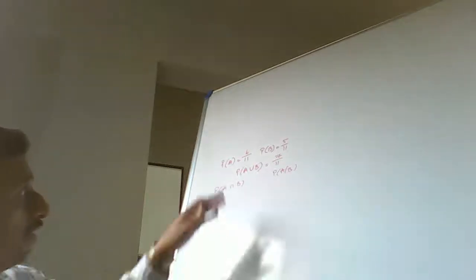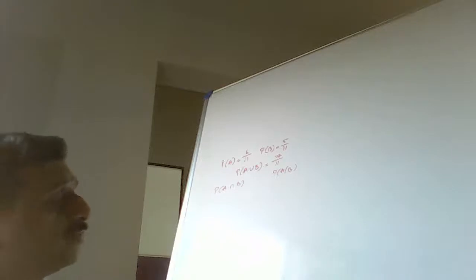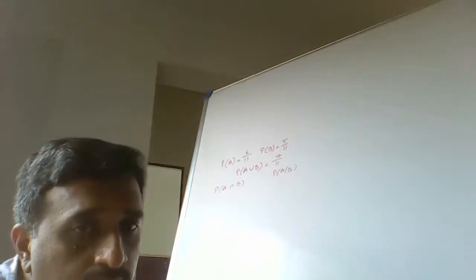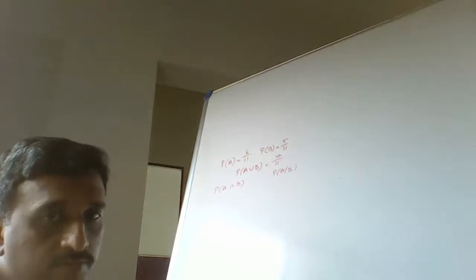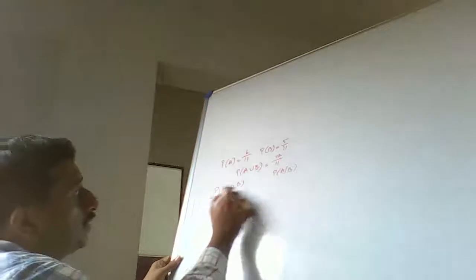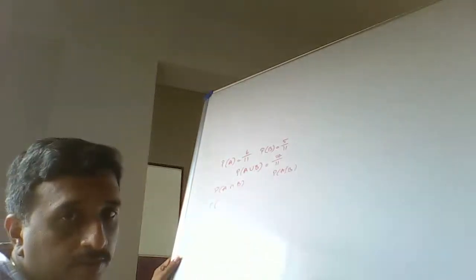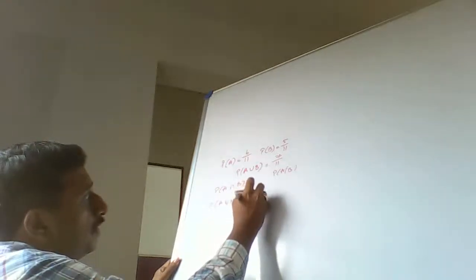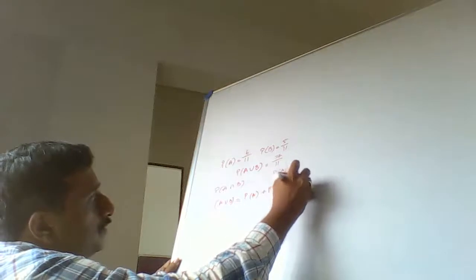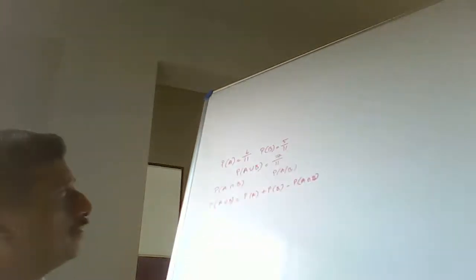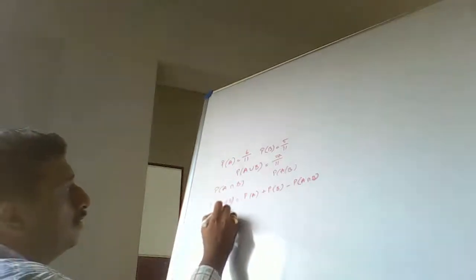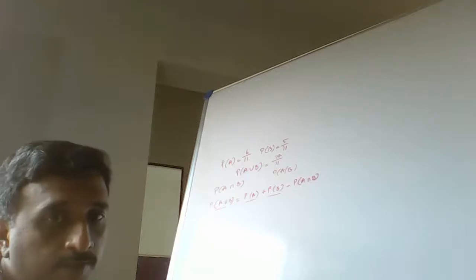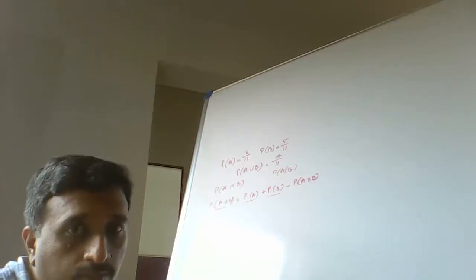P of A is given, P of B is given, and let us find what is P of A intersection B. P of A union B is P of A plus P of B minus P of A intersection B. So you have this value, and this value, and this value.